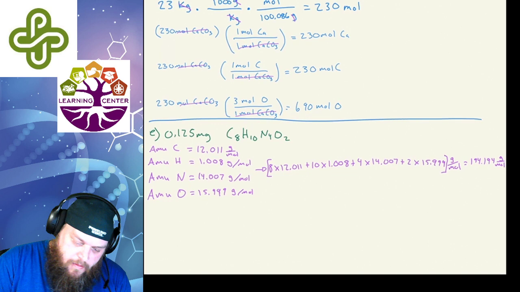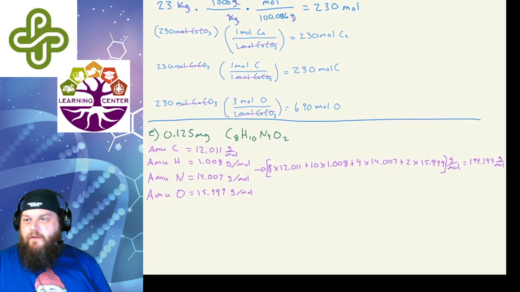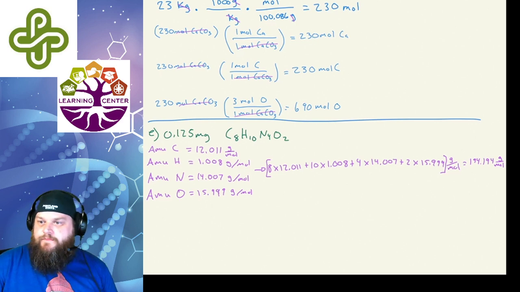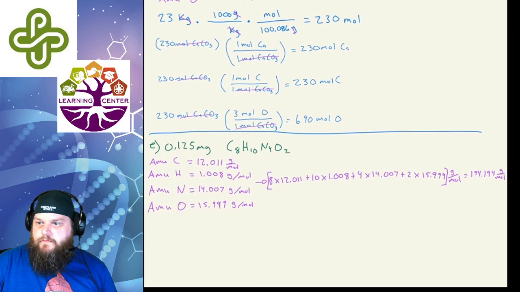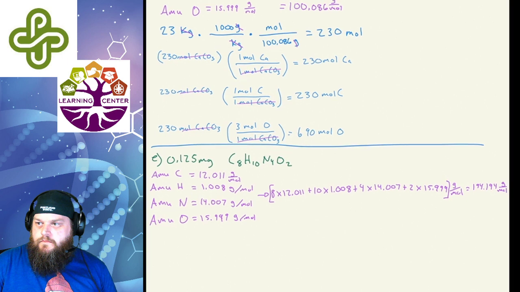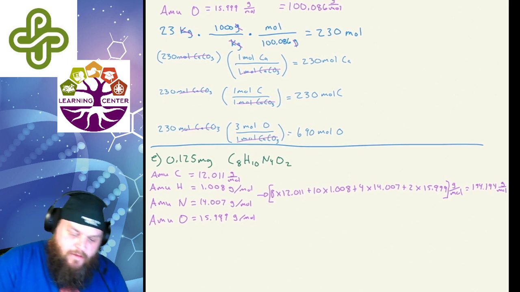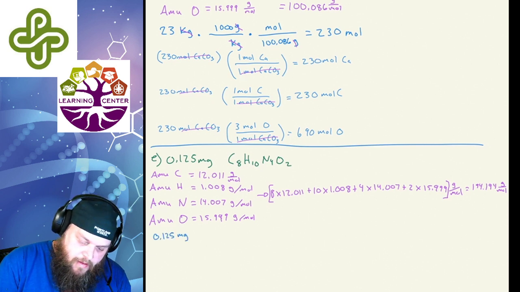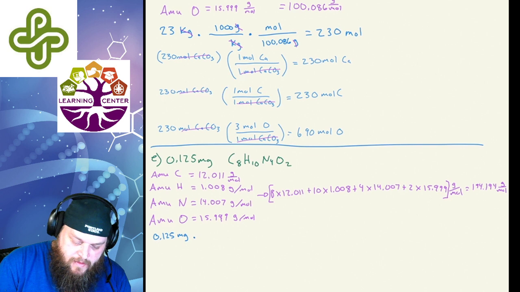So now that we have the atomic mass, we can figure out how many moles of caffeine we have total. So to do that, we have to take our 0.125 milligrams and convert it into grams.